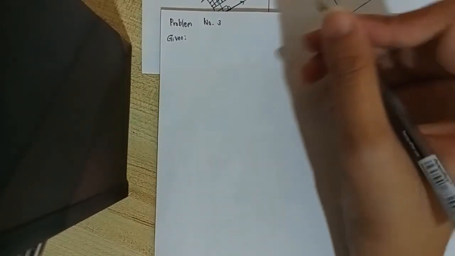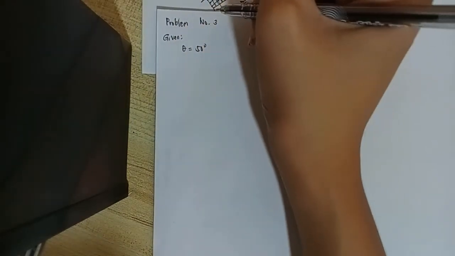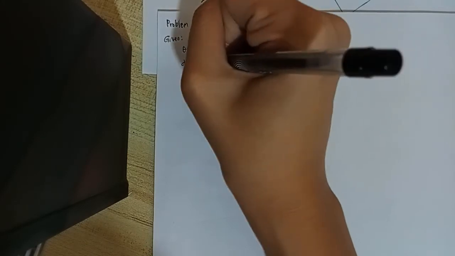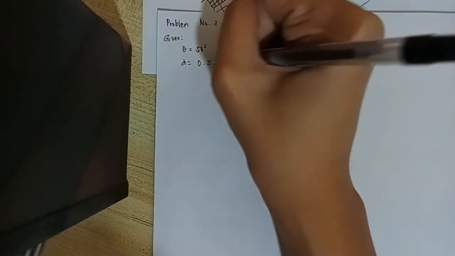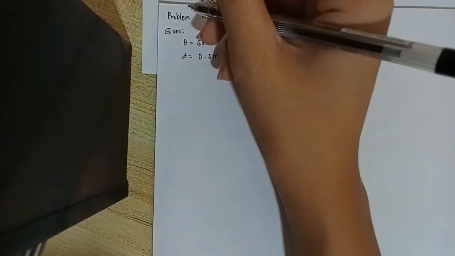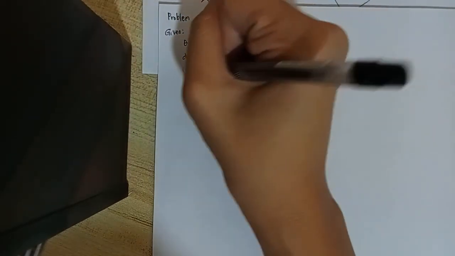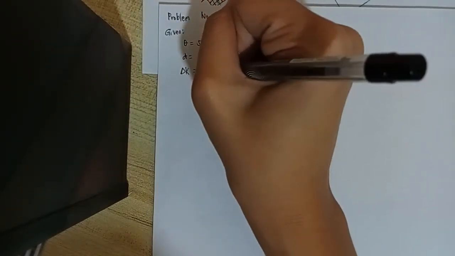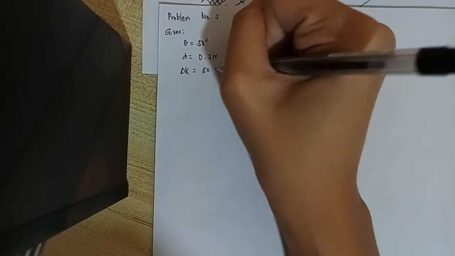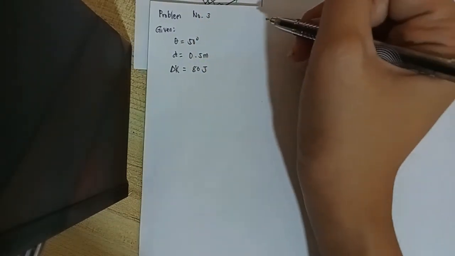Let us now solve the problem by first listing our given. Theta is equal to 50 degrees. Our displacement is equal to 0.05 meter. Our kinetic energy is equal to 80 joules.